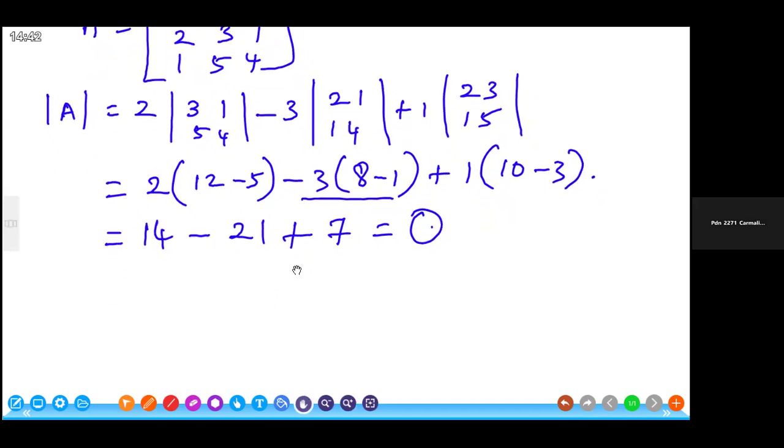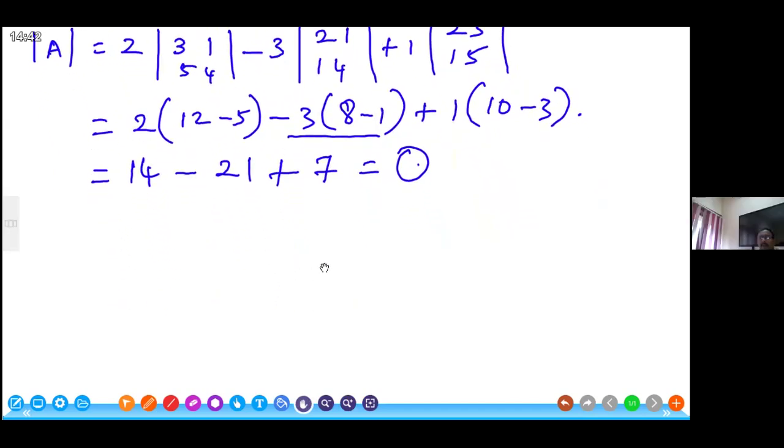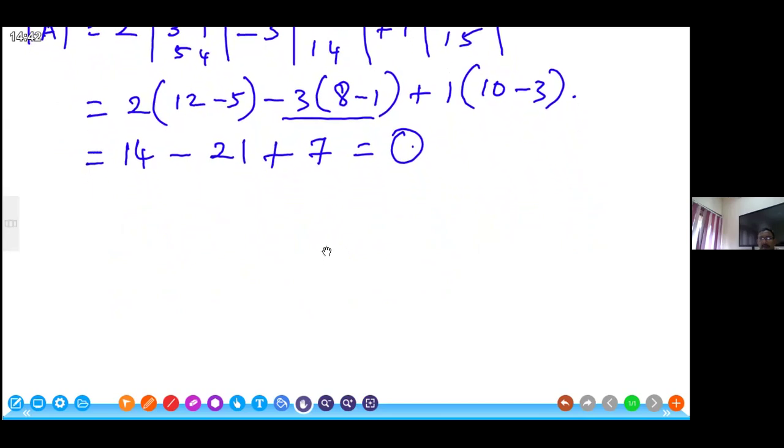Right? So that is another property. If there are two identical rows or columns, because here I gave an example with rows, you can have two identical columns and check it.